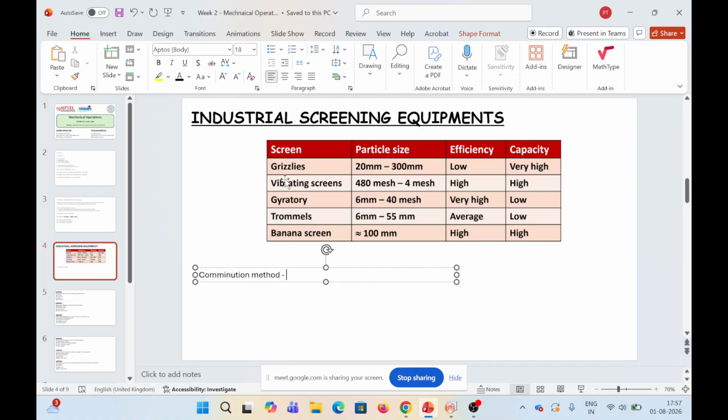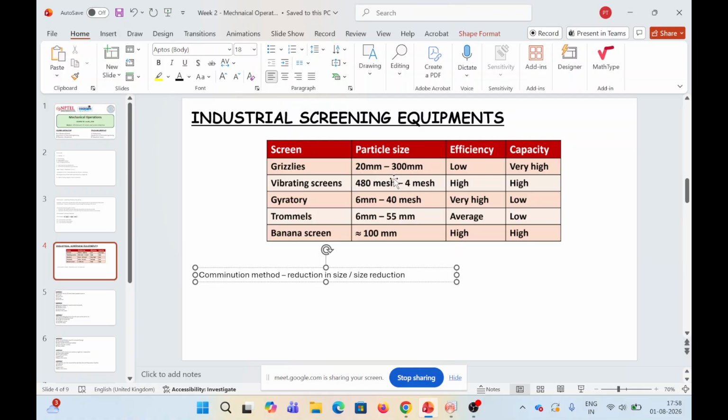Comminution means reduction in size, or you can also say size reduction. So basically, for particles, we do size reduction, and that particular concept is called comminution.